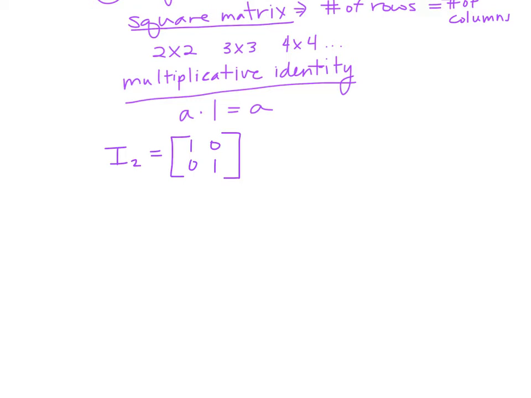So this is the multiplicative identity for a 2x2, or for a 3x3, it looks like this. Okay, so you can kind of see what's happening. If you notice, you have a diagonal of 1s that goes from the top left corner to the bottom right corner, and then everything else is 0s, and that would just keep growing the bigger the matrix that you would be working with. Okay, so that's multiplicative identity.